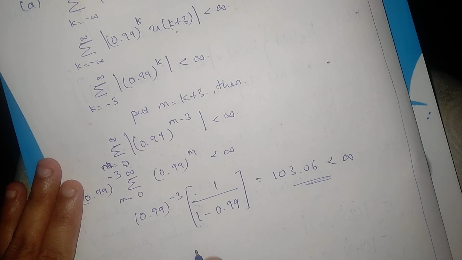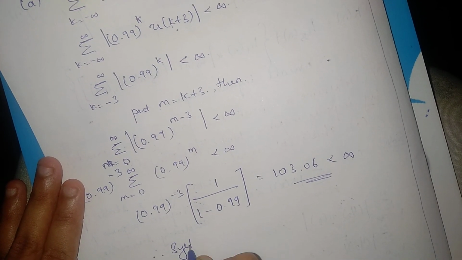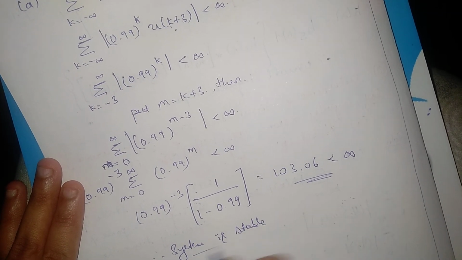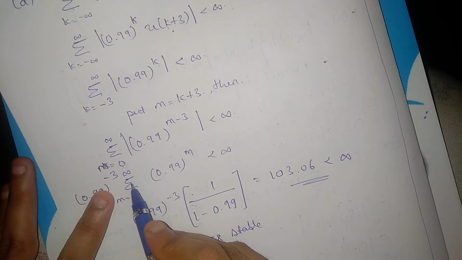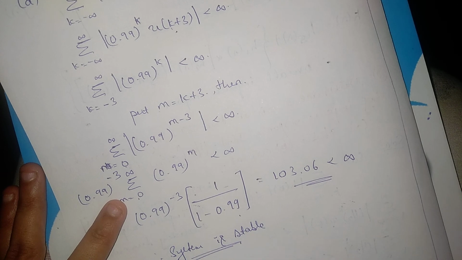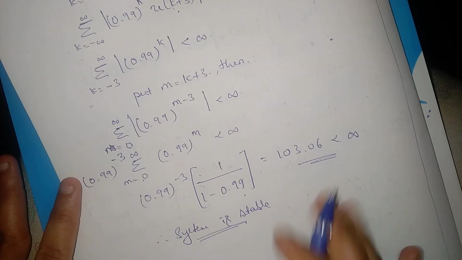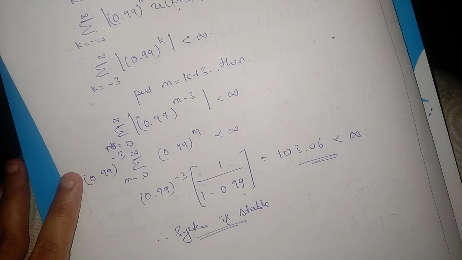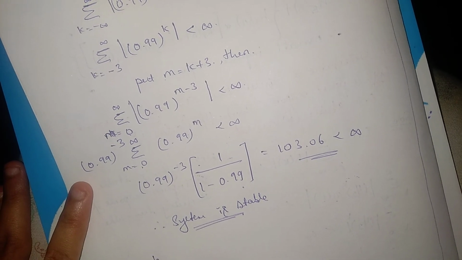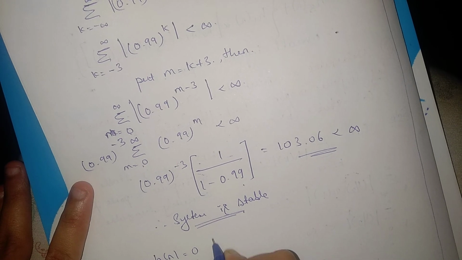Therefore we can say that the system is stable. Again here this is k 0 to infinity, alpha to the power of k means 1 divided by 1 minus alpha I wrote.